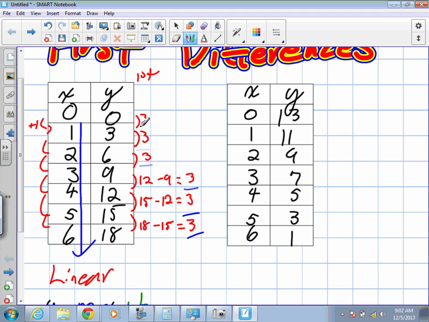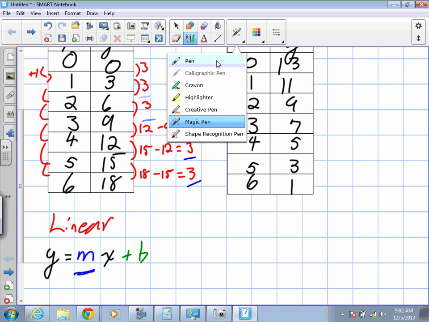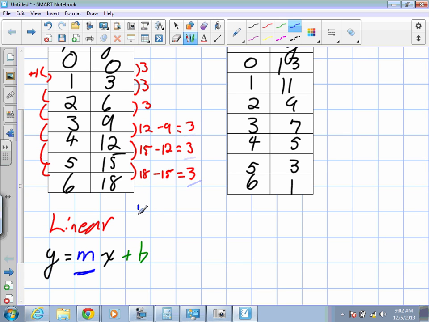Our differences are the value of 3. This is actually our m value. Because we found our differences to be equal to positive 3, our m value is equal to positive 3. So I can replace m with the value of positive 3.